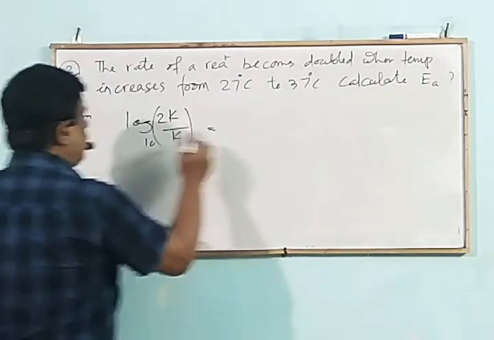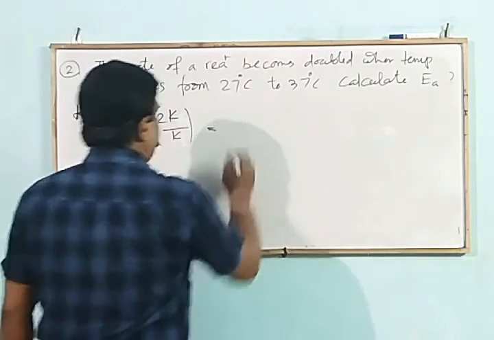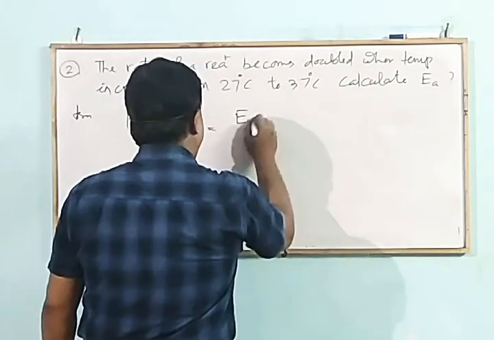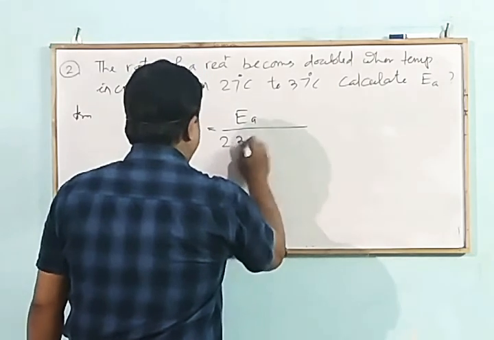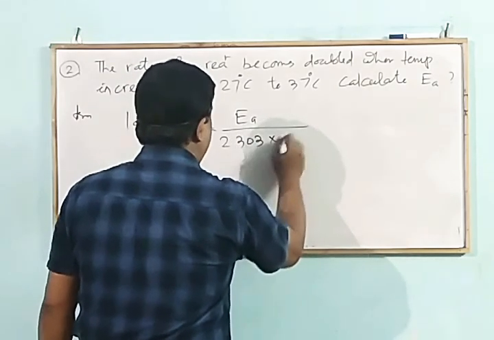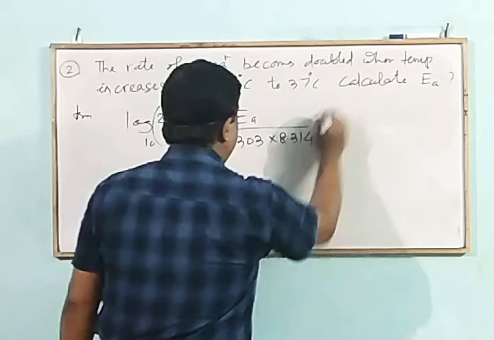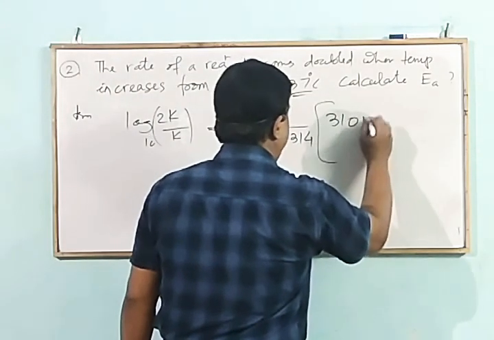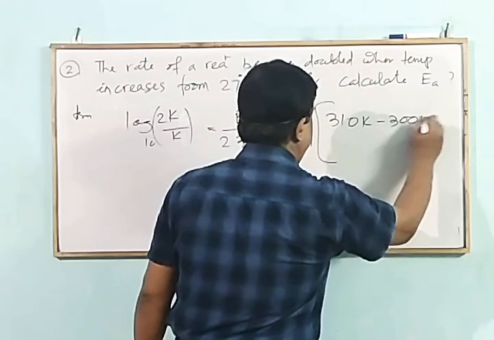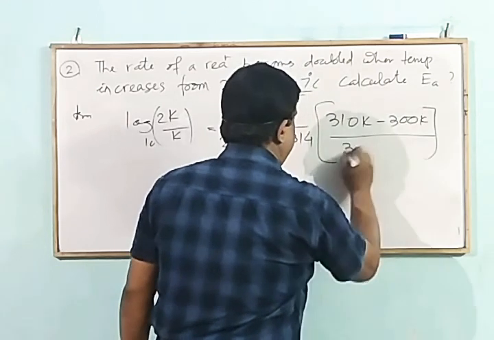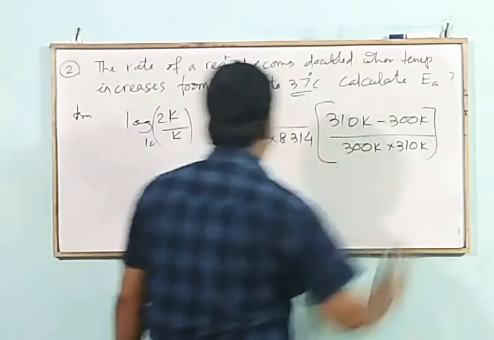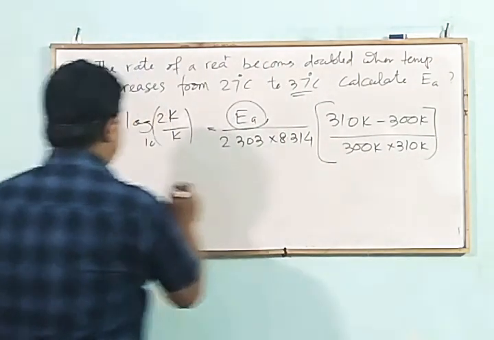So log K2 by K1 is equal to EA by 2.303 R, 8.314, into (T2 minus T1) by T1 T2, where T2 is 310 Kelvin minus 300 Kelvin divided by 300 into 310. Mark that. Our aim is to calculate this one.